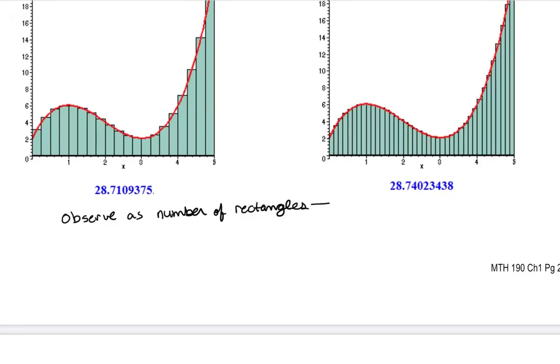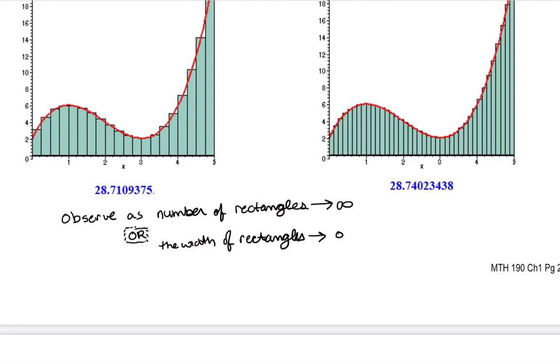So as I get more and more rectangles, or equivalently, I could say as the width of the rectangles is getting smaller and smaller. Those are essentially equivalent statements. I could phrase it as the number of rectangles goes to infinity, or as the width of the rectangles is going to 0. Those are saying the same thing.